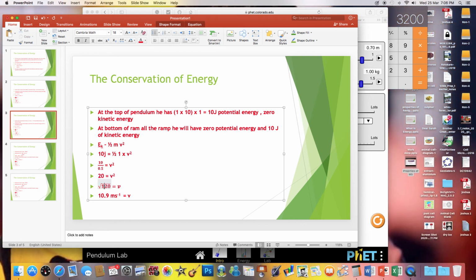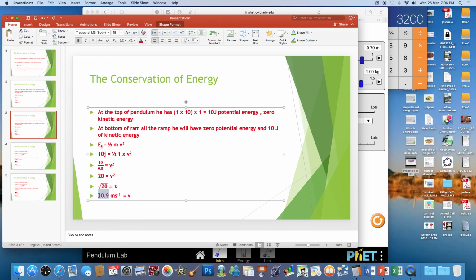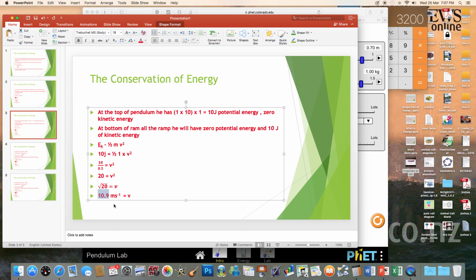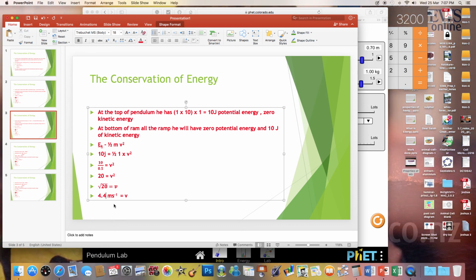The square root of 20 will give us the speed that he would have at the bottom of the pendulum, and the square root of 20 is 4.45.